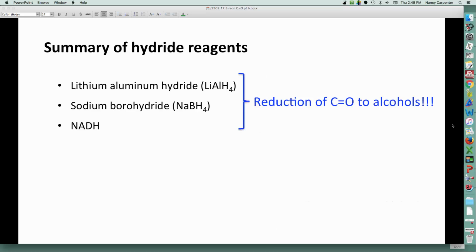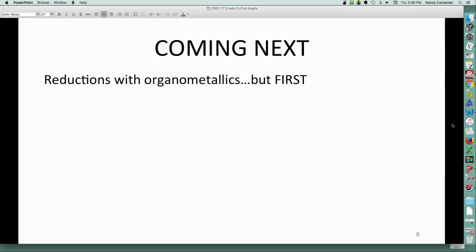All three of these reduce carbonyls down to alcohols, whereas sodium hydride, it's different. It's a hydride, and we can think of all of these things as H-, but it doesn't reduce, it just makes the enolate. So next we look at a new nucleophile to add to the C=O double bond, organometallics.